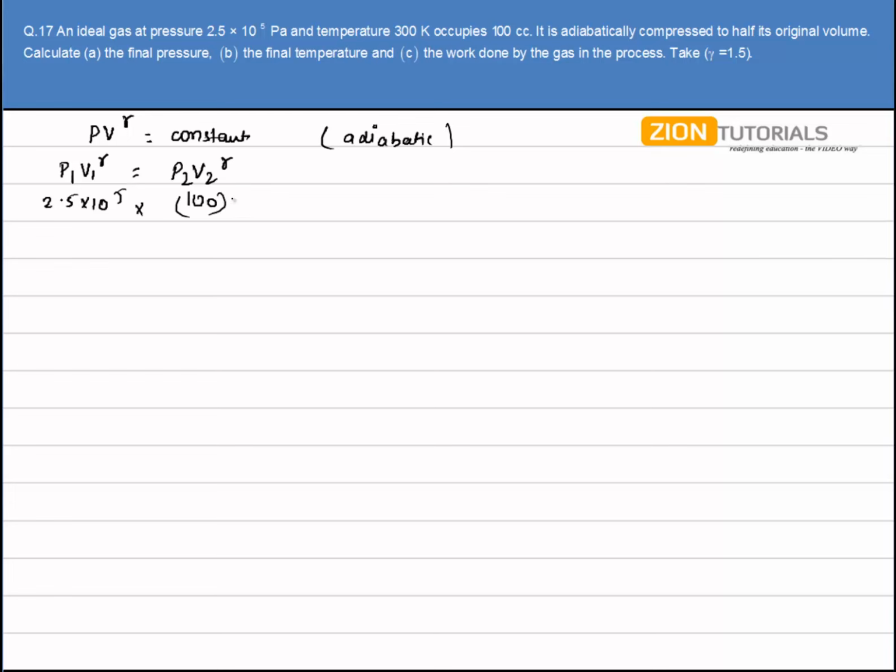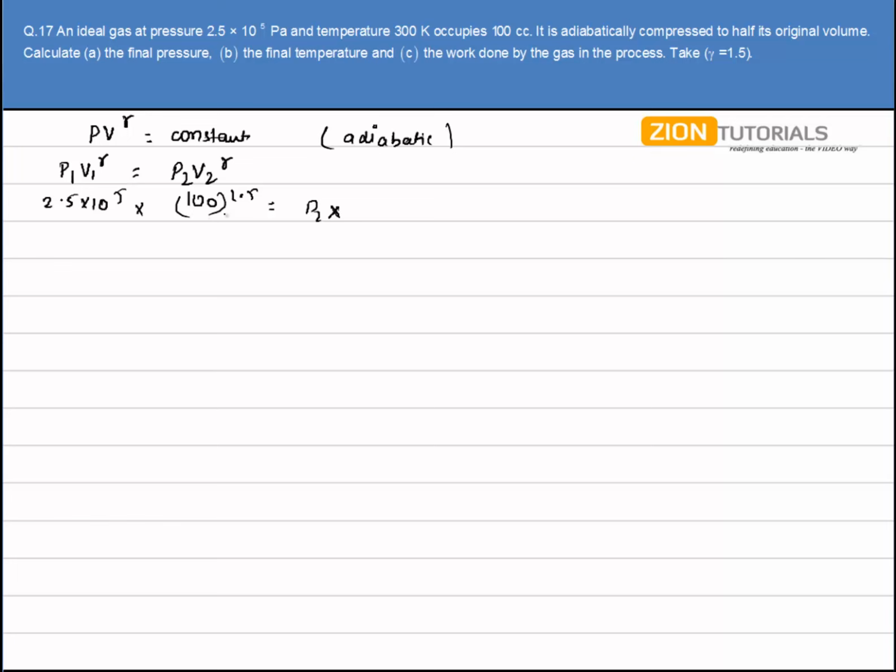Let it be in cc only, because there is no sense of converting it into meter cube, since I have the volume again over here. No matter what, it will be a ratio of V1 to V2, so no matter what the unit of V1 and V2 is, both get cancelled.